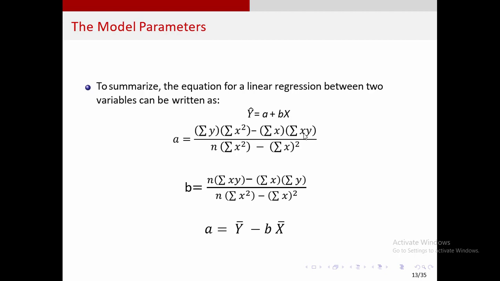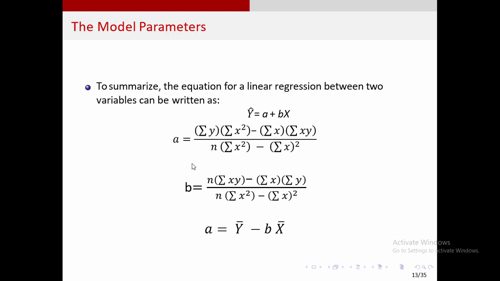Summation of xy, multiply the independent variable with the dependent variable, and then sum all the values. And here it means summation of x, first take the sum of all of the individual observations and then take their square. So likewise you have to calculate a and b, but in most of the cases it is wise to calculate only the b term. No need to calculate a.